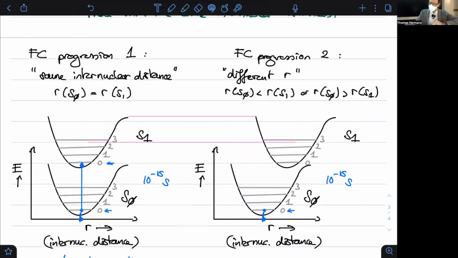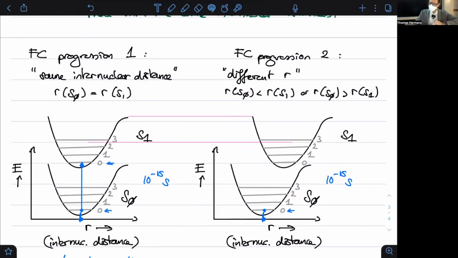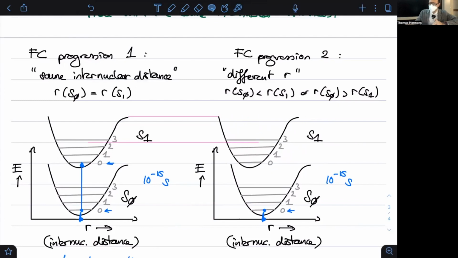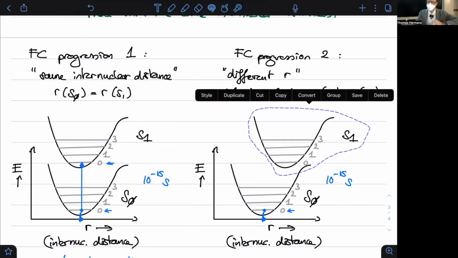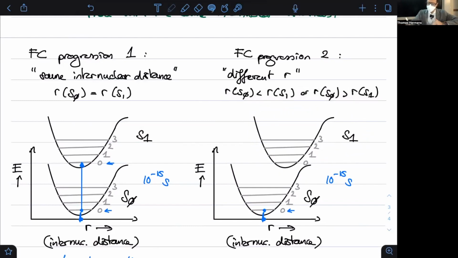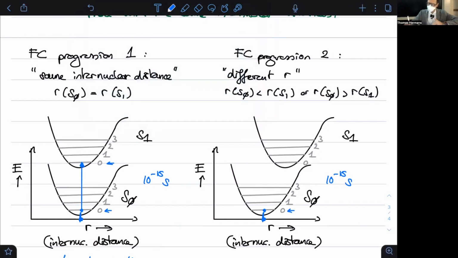So what am I doing? I'm changing the energy landscape as a function of internuclear distance, right? And typically this is the case, like it will be shifted somewhere like this, I hope. Okay, so now I'm going to absorb, and I have to go straight up.